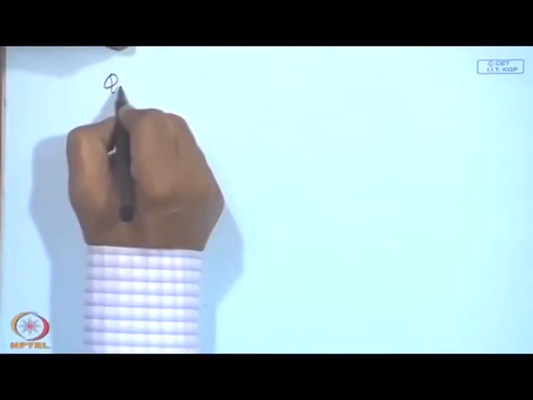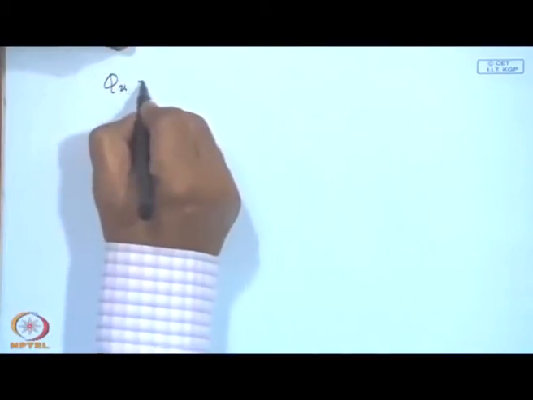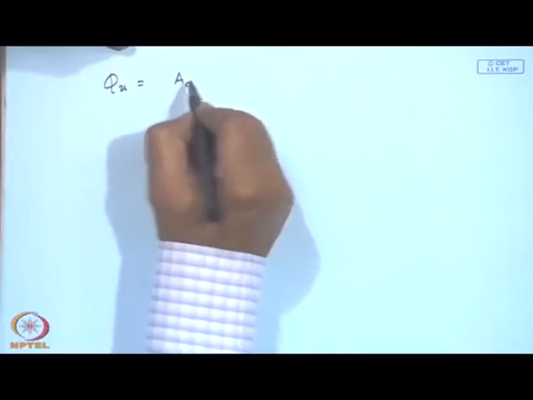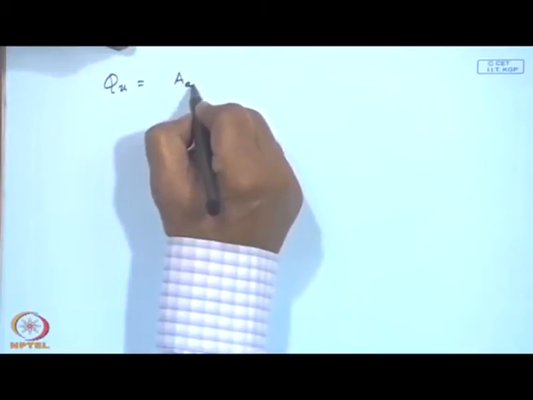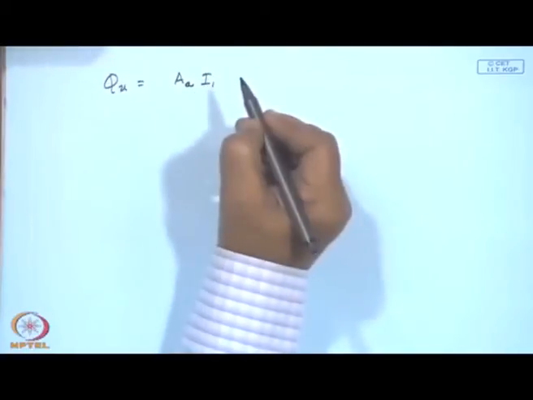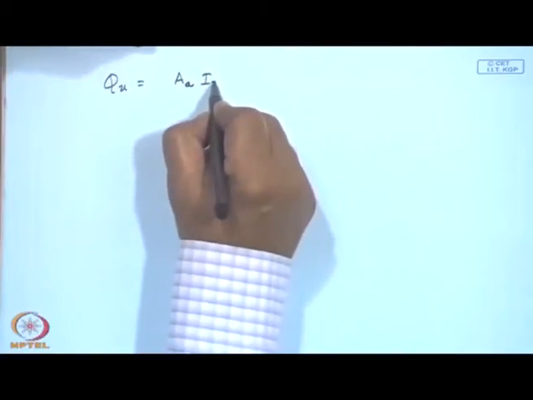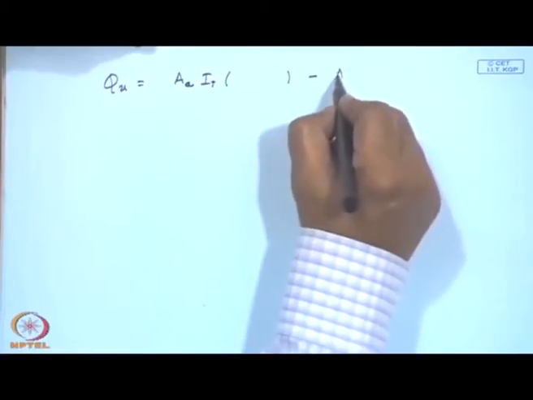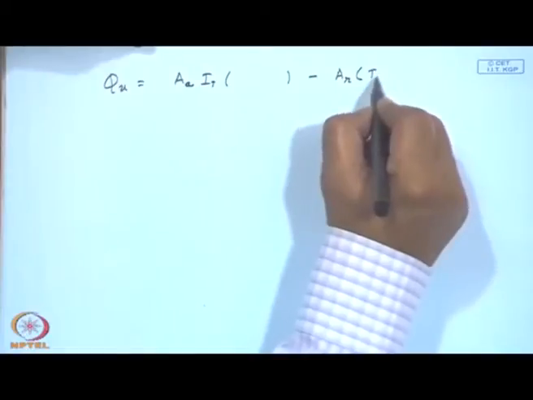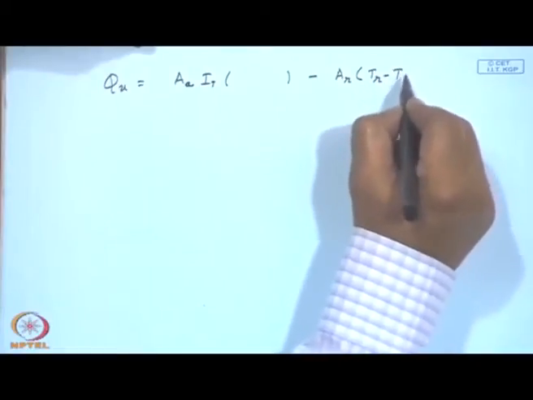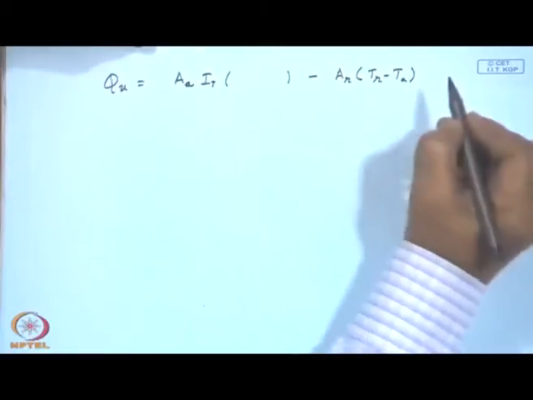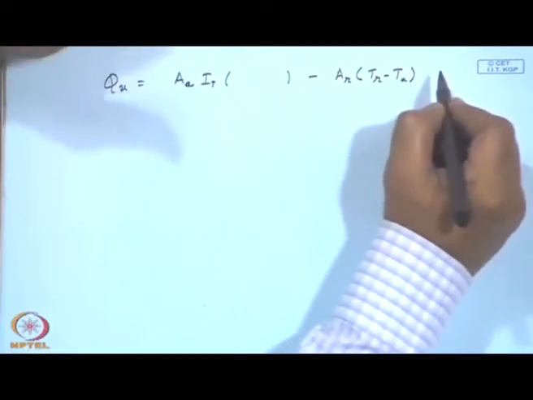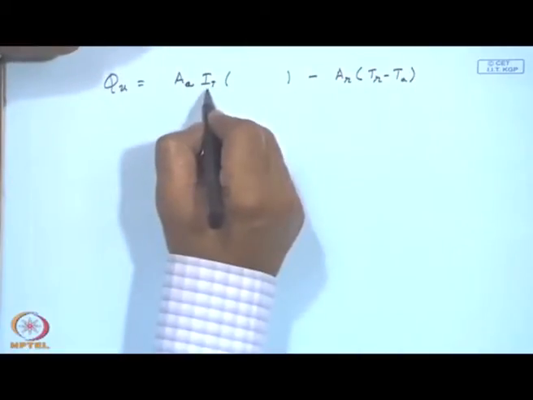If I try to write down the energy balance for this, Q u should be AA into IT times something, minus A receiver into T receiver minus T A. Again we have that hidden time factor depending upon what time scale I choose for IT.